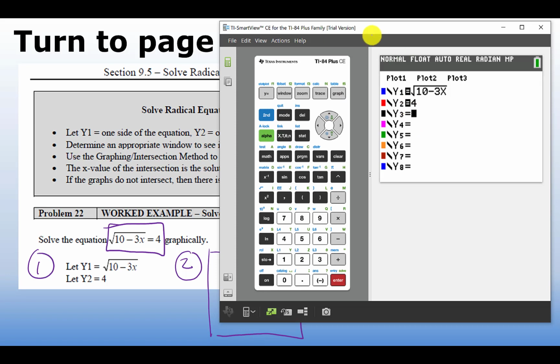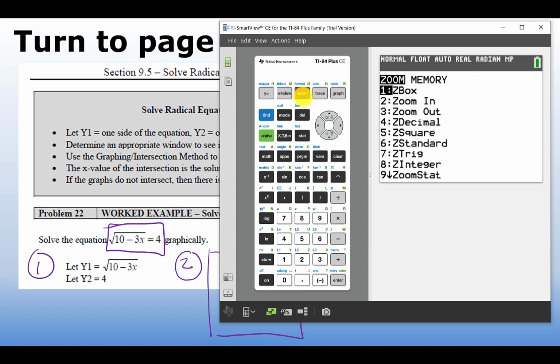One of the clues is y equals 4. We're going to have a horizontal line come across at 4, which is between negative 10 and 10. So negative 10 to 10 on the y's might be a good start. The square root equation is kind of small numbers, so I'm hoping that the standard window will be fine. Number 6, the standard window, negative 10 to 10 on the x, negative 10 to 10 on the y's, and we'll see what happens.